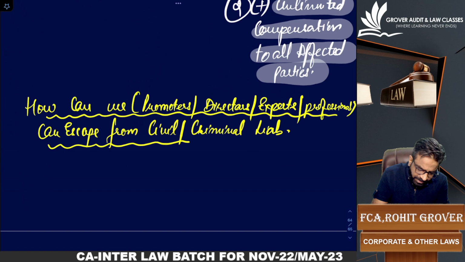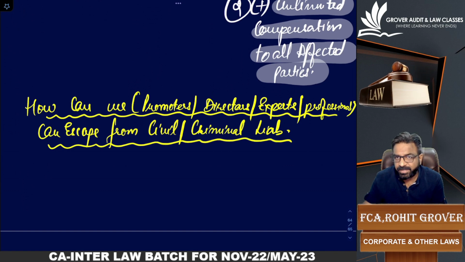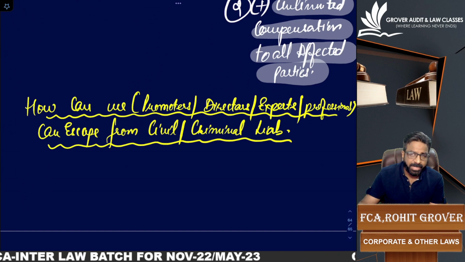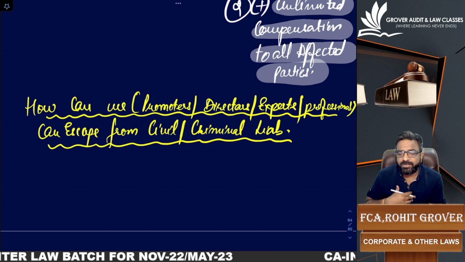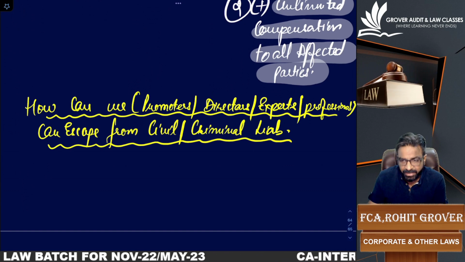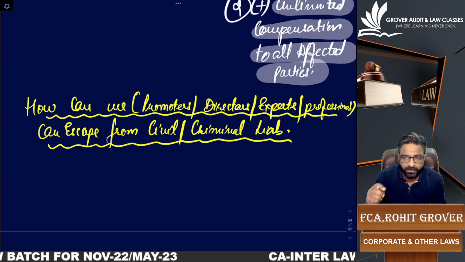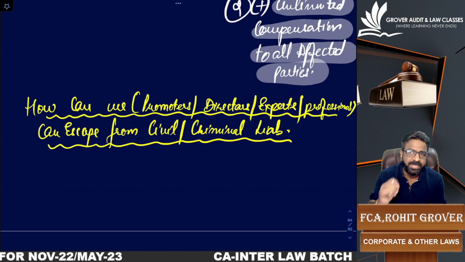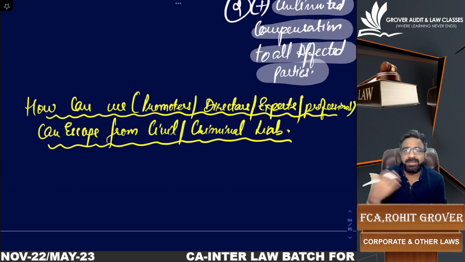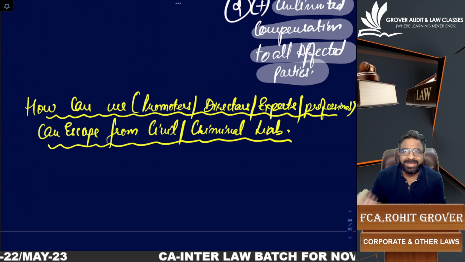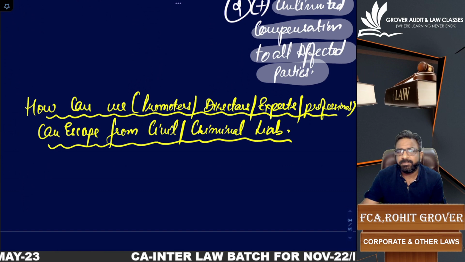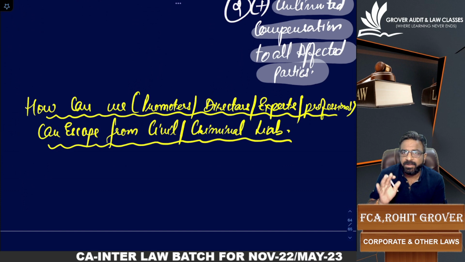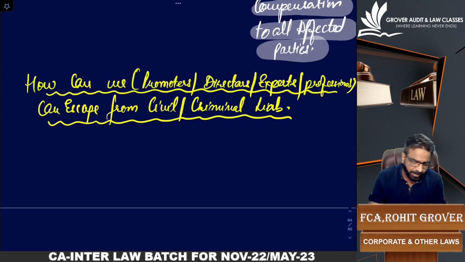In case you think that you are a genuine person, you can apply to the court of law: sir, I am a genuine person, I did not do it intentionally. And if the court of law is able to understand your part, and finds you not guilty, then you can escape from this particular provision. Are you getting the point? You will be liable neither under civil liability nor under criminal liability.